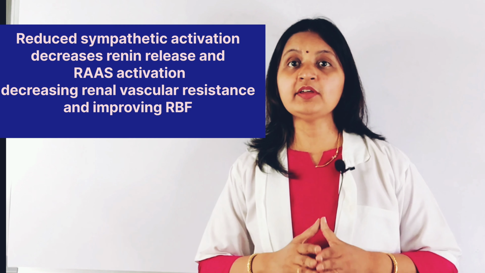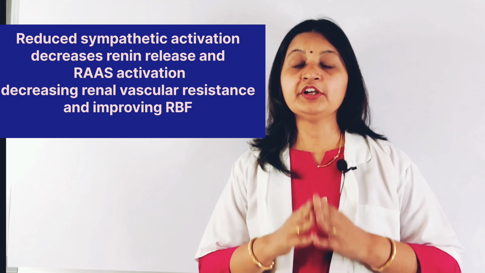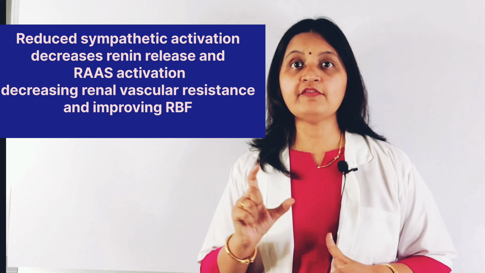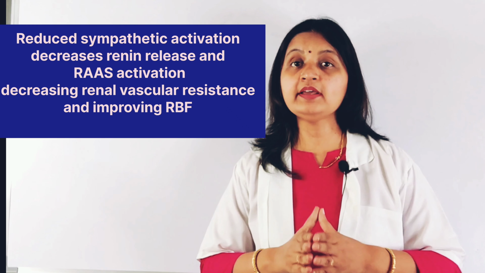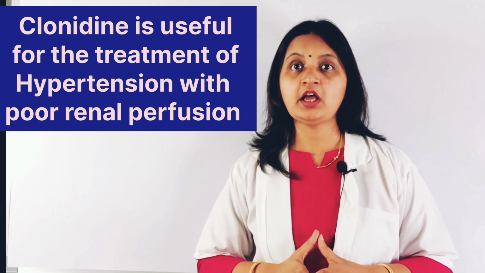By decreasing the sympathetic activity on the kidney, it reduces the renin release from the kidney, and this decreases the renin-angiotensin-aldosterone system, reducing angiotensin II formation, decreasing the renal vascular resistance, increasing the renal blood flow and improving the renal perfusion. Therefore, clonidine is useful for the treatment of hypertension with poor renal perfusion.